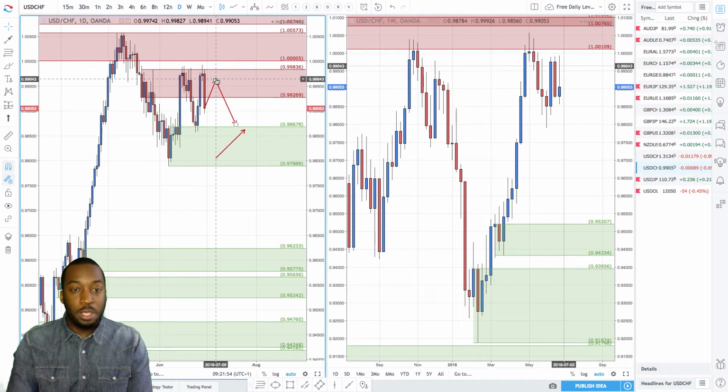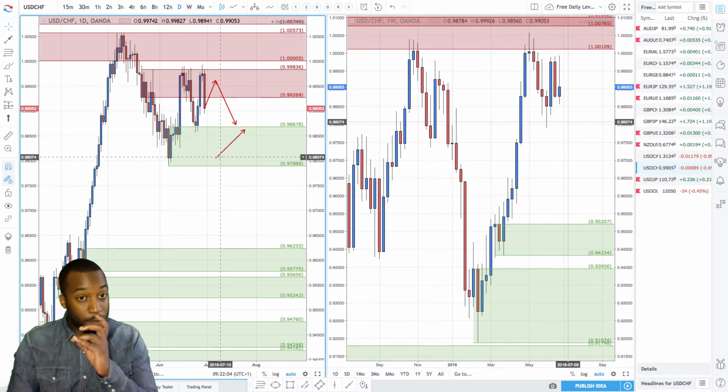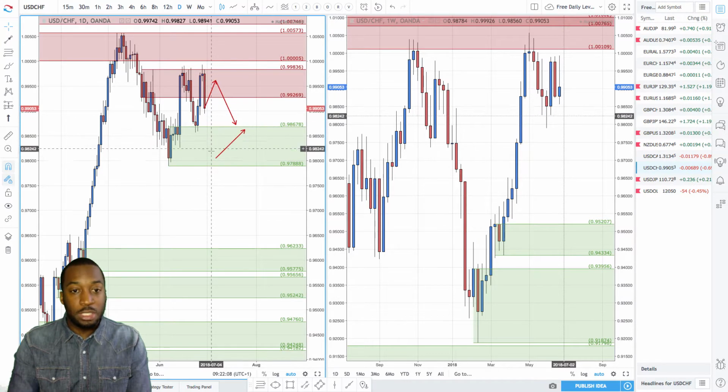So yes, we got a potential opportunity. We had the opportunity here last week, so if you took advantage, brilliant. But I'm looking to probably get long on the dollar, and obviously that can change depending on what news comes out, etc., and sentiment. But for now, technicals are brilliant.